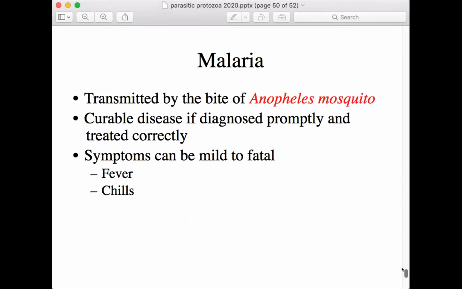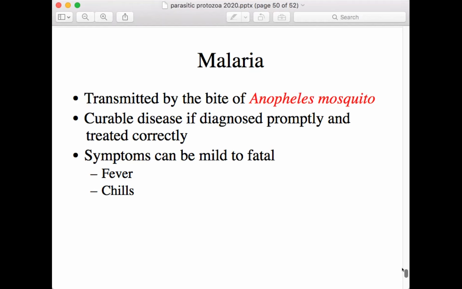Real quick, some basic facts about malaria. It's transmitted by the bite of the Anopheles mosquito. If caught early, it can be cured. It's a very common disease in certain parts of the world. Symptoms can range from mild to being fatal, again depending upon which species you are infected with.